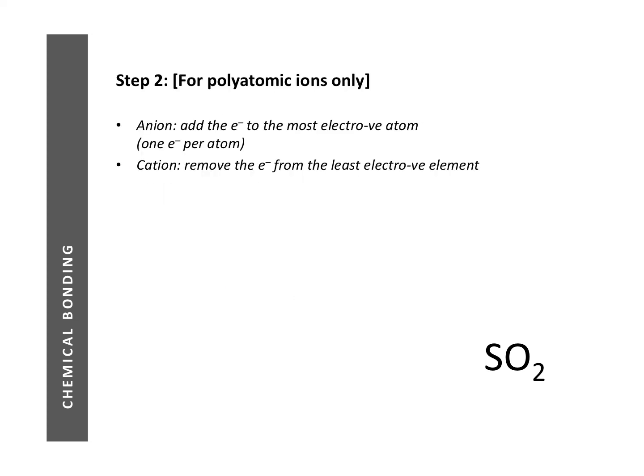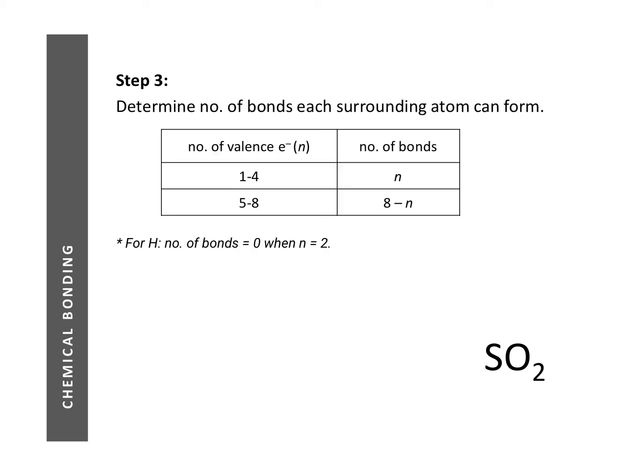Step number 2 applies for polyatomic ions, which doesn't apply here, so we're going to skip this step, and when we come to a polyatomic ion, I will describe what these steps mean again. Now step number 3 is to determine the number of bonds each surrounding atom can form, and the rule goes like this.